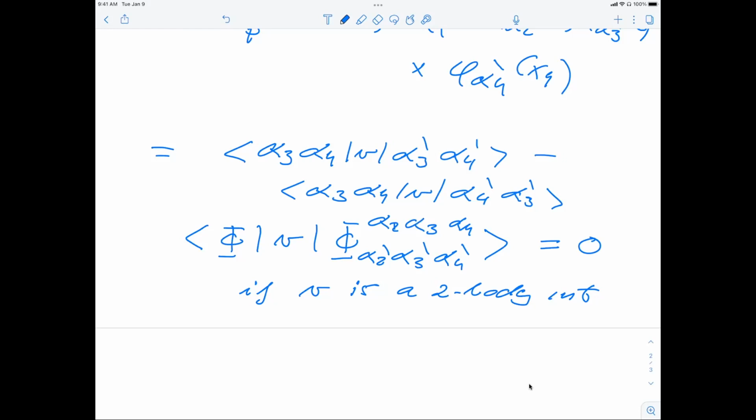A state which is occupied has bit 1, a state which is unoccupied has bit 0. Then you will simply compare bit strings, and if they differ by more than 2 bits, then you don't need to do anything. So that's a very easy way to set up a Hamiltonian matrix when you have a complicated many-particle state.